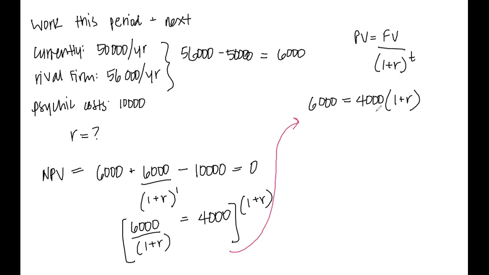So dividing each side by 4,000 gives us 6,000 over 4,000 on the left, and that simplifies to 3 over 2 equals 1 plus r. So we know that 3 over 2 is 1.5 minus 1 equals r, because I subtracted that 1 from the right. So 1.5 minus 1 is 0.5 equals r. And so we see that her discount rate is 50%.